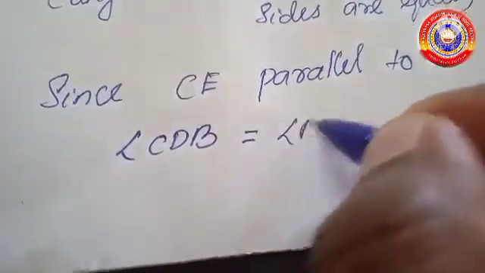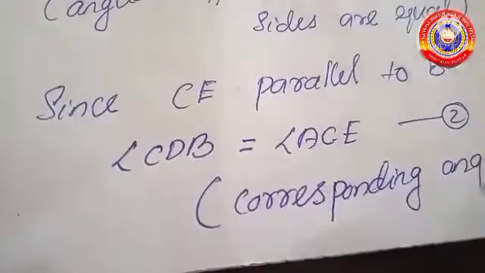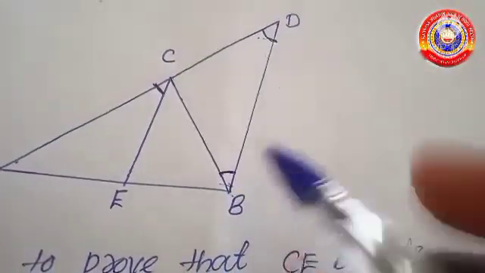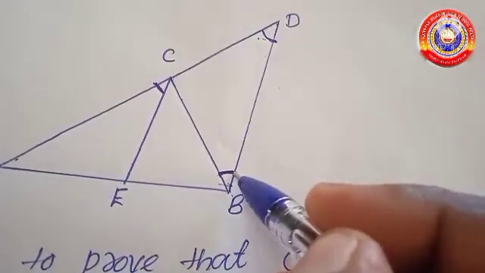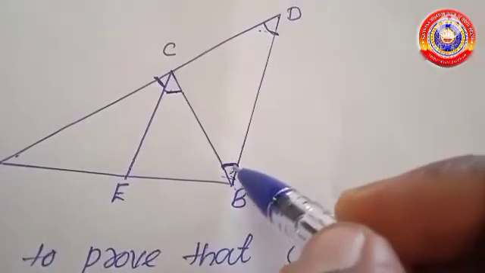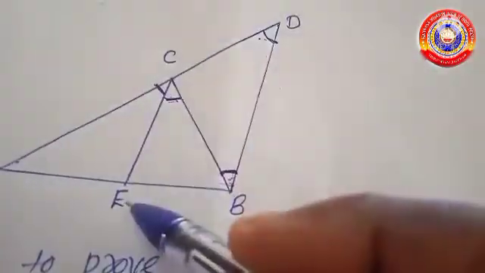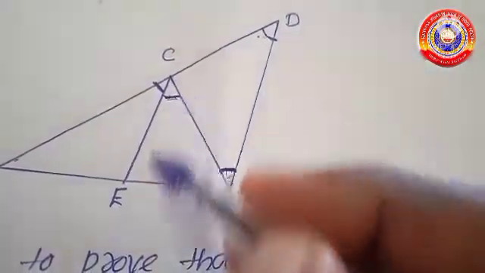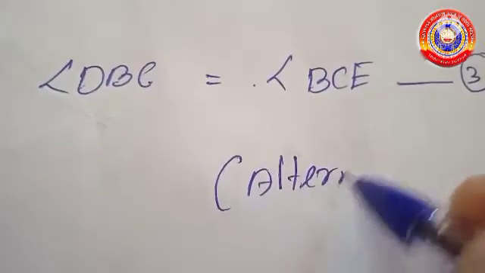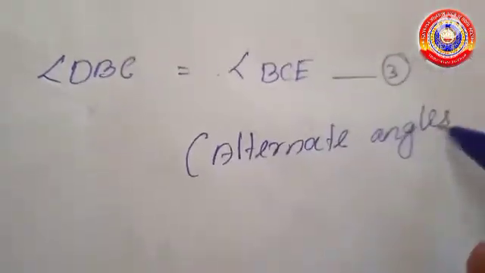Angle CDB equals angle ACE, equation number 2. Next, angle DBC equals angle BCE because they are the alternate angles between the parallel lines CE and BD. Angle DBC equals angle BCE, equation number 3.